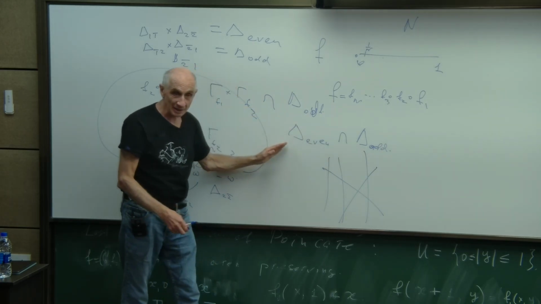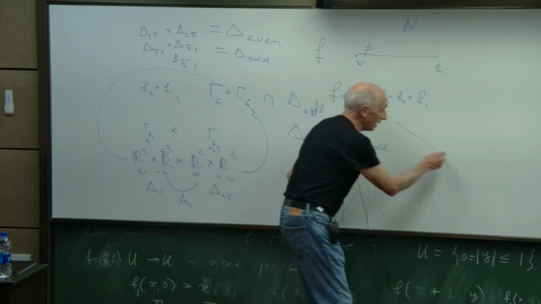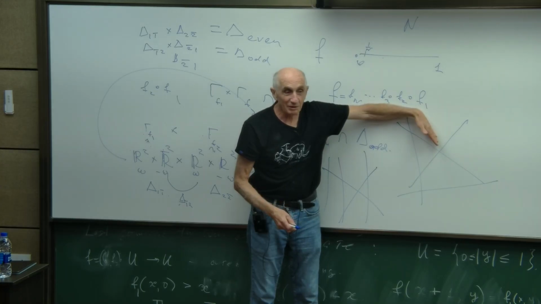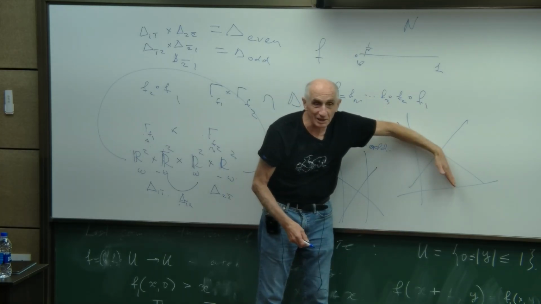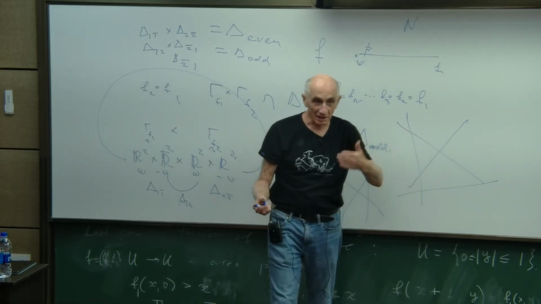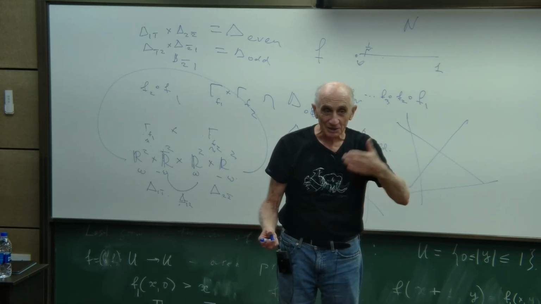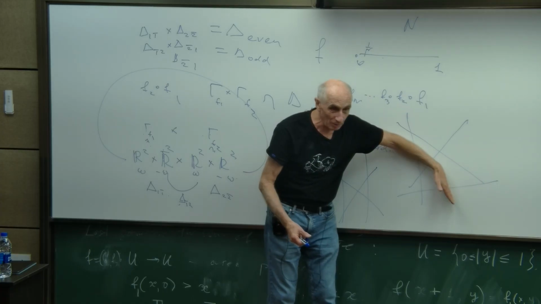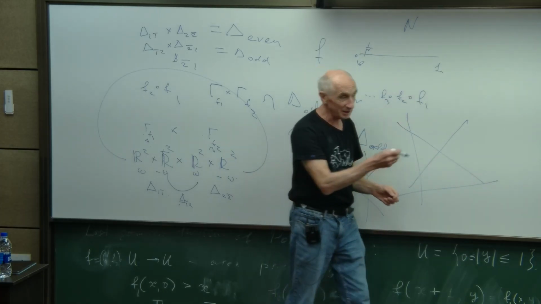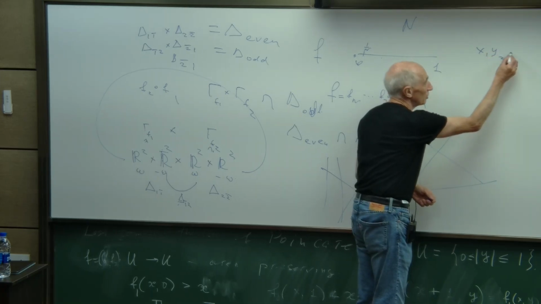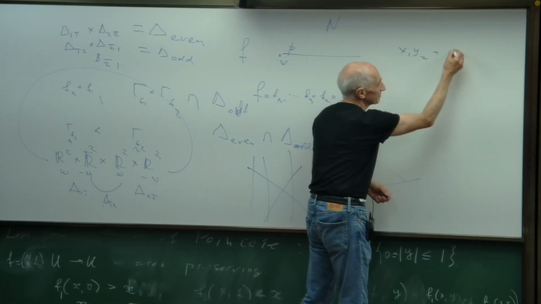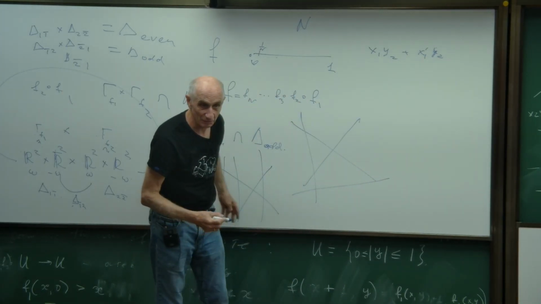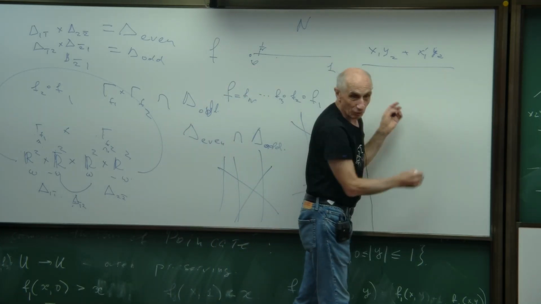Hence both of them are Lagrangian, and both are graphs of the derivative of some function. Because this is a linear Lagrangian, linear functions are derivatives of quadratic functions. So there are two quadratic forms, like here I have x1, y2, and similarly here we have x1, y2 plus x1 prime, y2 prime, exactly the same as before.